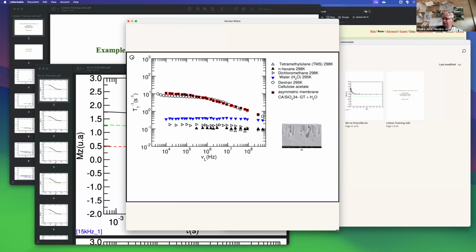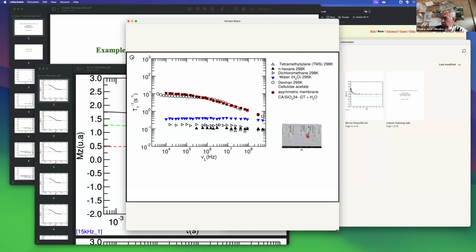The interesting thing is that I found for one particular system in some particular conditions that the dispersion profile is not so much different than the one that we observed previously for a completely different system, this dextran. And this is a membrane used for nanofiltration.